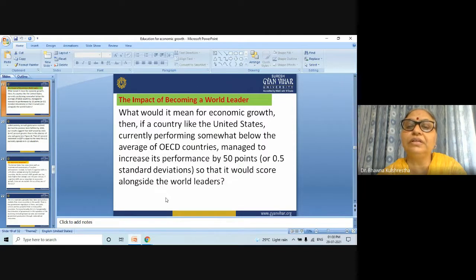That increase of 50 test points is exactly what George H.W. Bush and the nation's governors together promised in 1989 the United States would achieve by the year 2000.